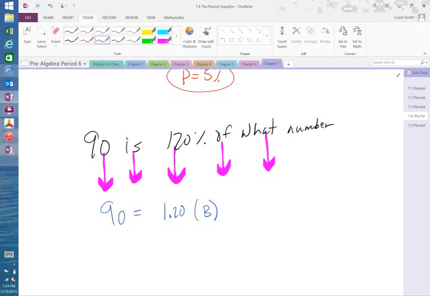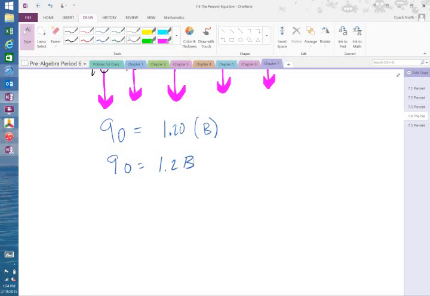Now, that's the same thing as 90 is equal to 1.2b. Okay, those are exact same problems. They're equivalent. So now I'm multiplying by 1.2, so the inverse of that would be to divide by 1.2. That cancels.